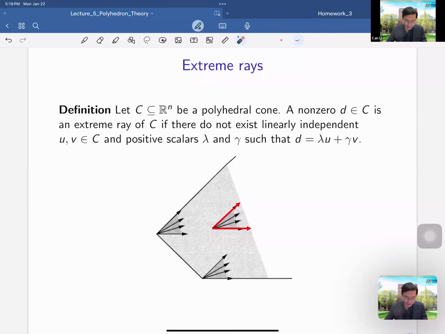Okay, if you look at this 2D example, you can see that these two arrows here are the extreme rays of the recession cone because they cannot be expressed as the linear combination of two other rays. On the other hand, the rays that are within the two extreme rays can be expressed as linear combinations of the two extreme rays.